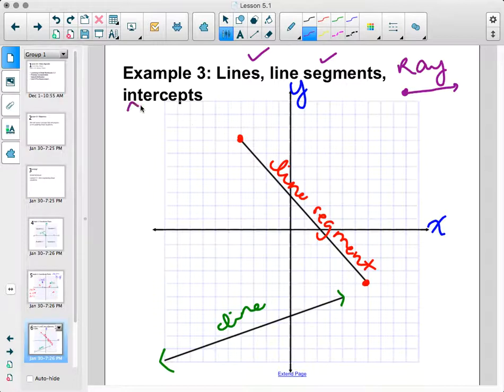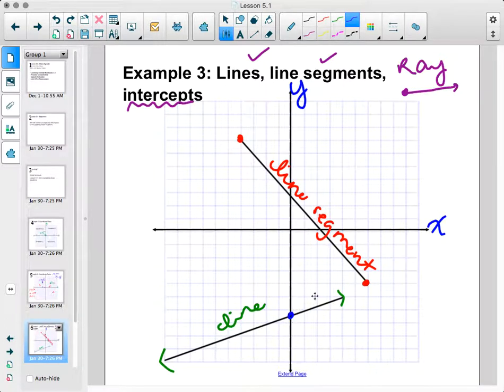And then the last most important concept that we're going to talk about today is intercepts. Intercepts are when a line intercepts the X or Y axis. So for example, the intercept of this line here is right here. This is the intercept of the Y axis.